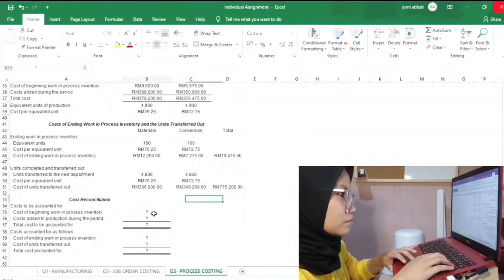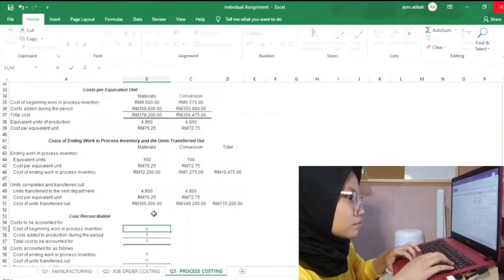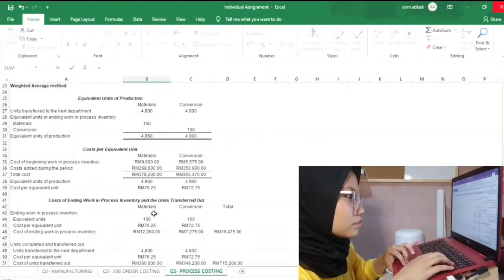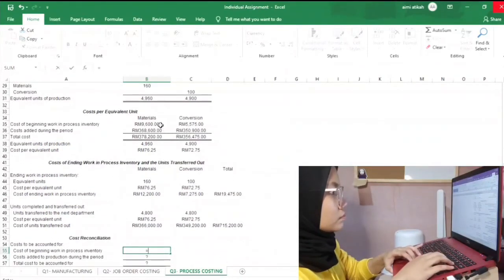And then for cost reconciliation, cost of beginning work in process inventory, I will take the cost of beginning work in process inventory for materials and conversion. I will total both of them.